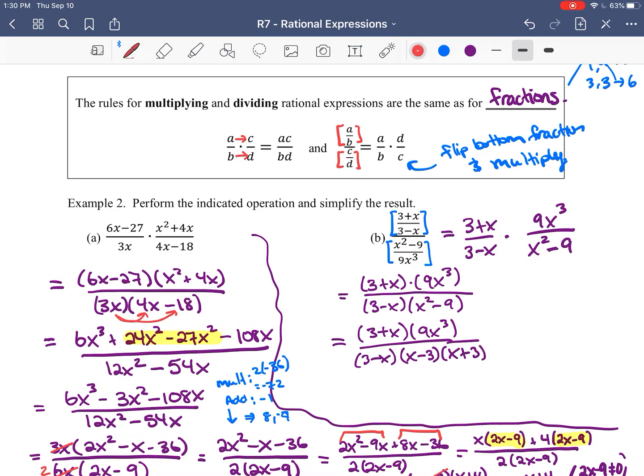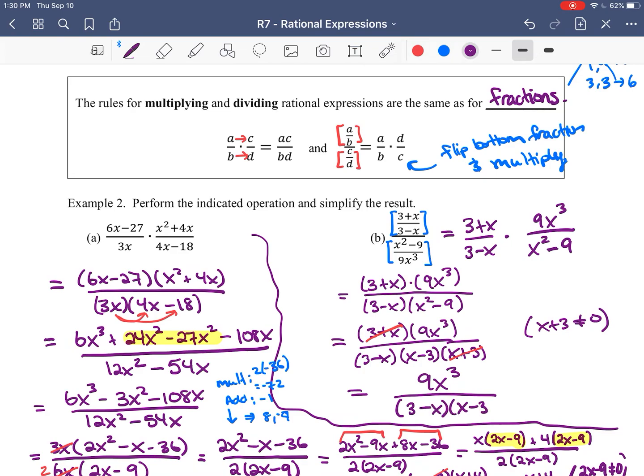Now x plus 3 and 3 plus x are actually the same, so those cancel, assuming that x plus 3 is not equal to 0, or x is not equal to negative 3. And then we just have 9x cubed on the top.